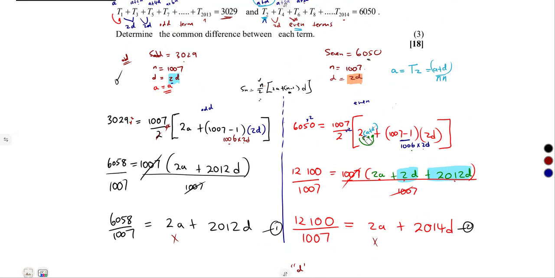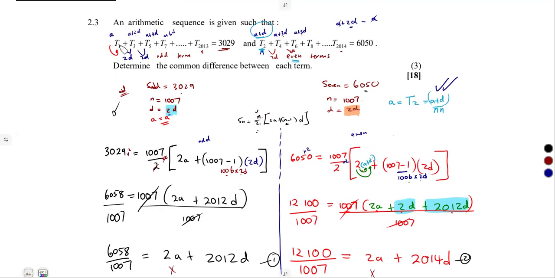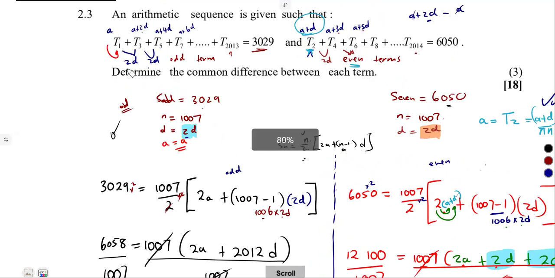For the even terms, your A is T2, and T2 is represented by A plus D for an arithmetic sequence. Here it was A representing T1 as of the odd terms.